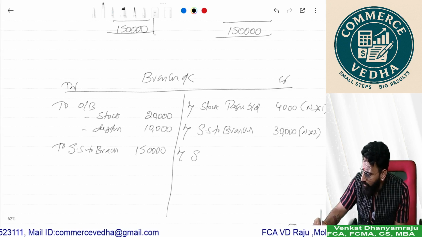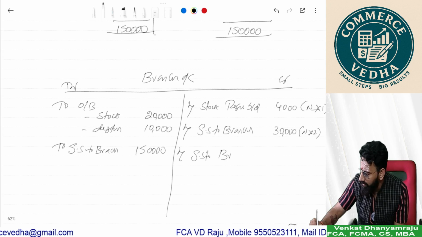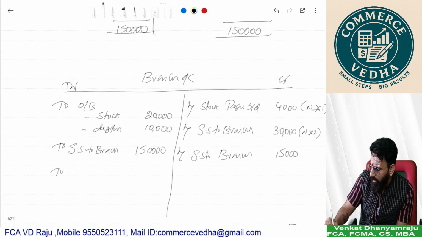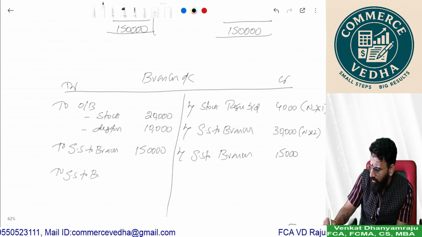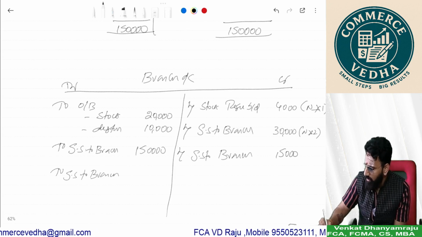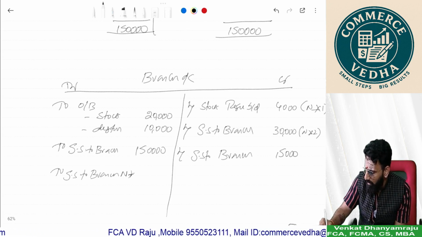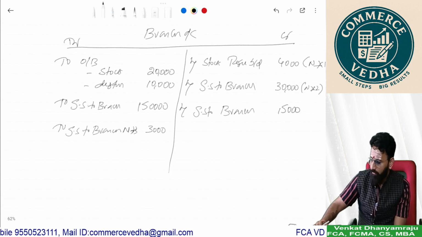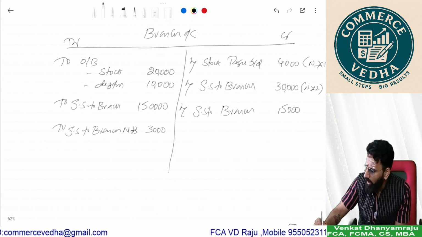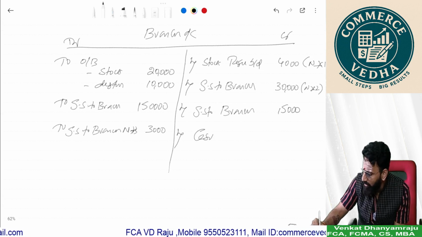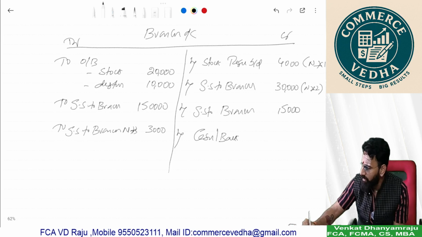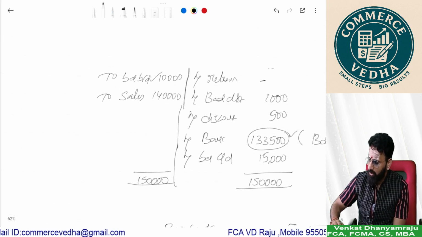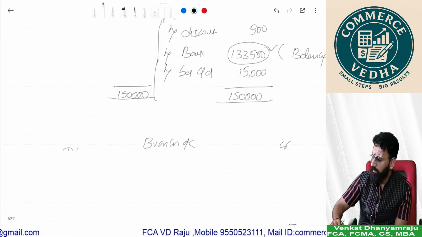By goods sent to branch returns 15,000, and reverse the loading to goods sent to branch, which is note number 3, which is 3,000. Then returns also done. Then you collected the cash, by cash or bank, which is note number 5. How much is the collection? 1,33,500.